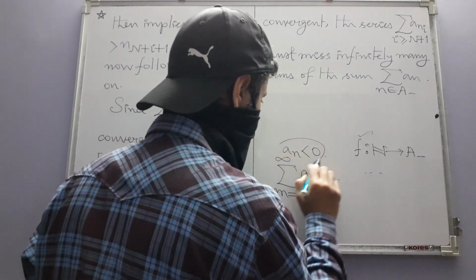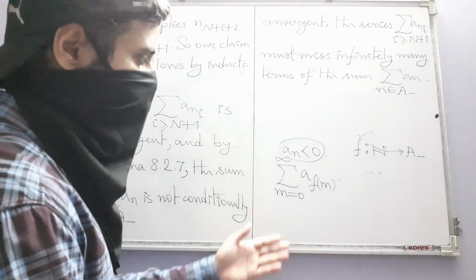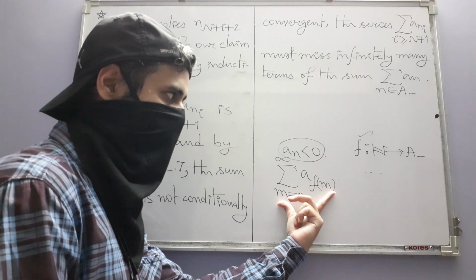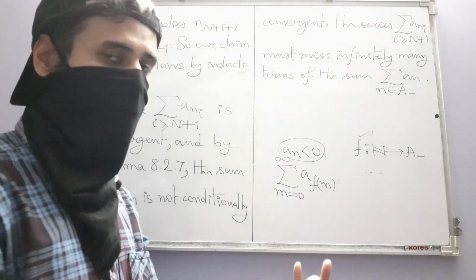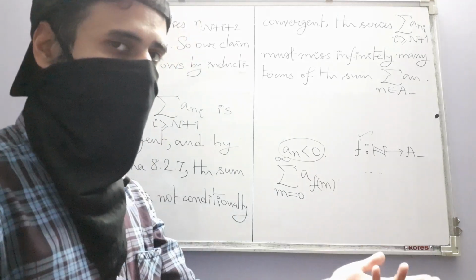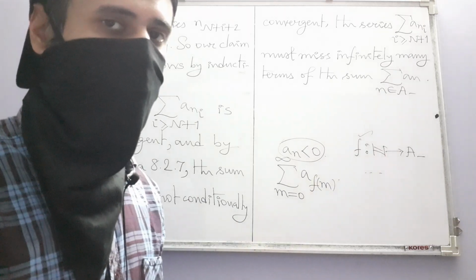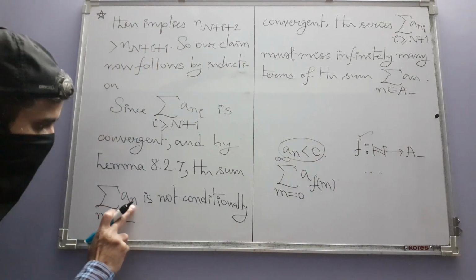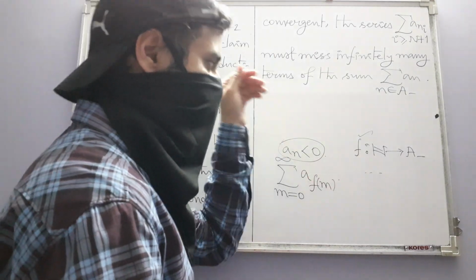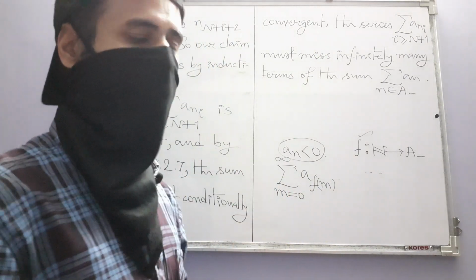Because the terms all have the same sign. And then due to rearrangement, the other bijections for which this series is not convergent cannot exist. So being not conditionally convergent means no matter what bijection you choose, the corresponding series is going to be divergent.